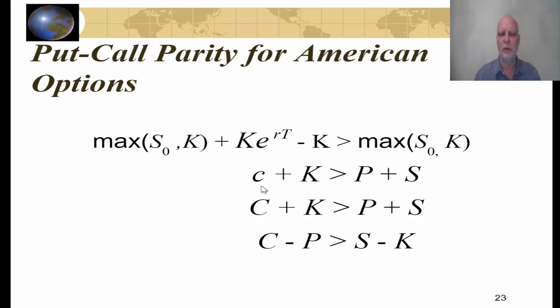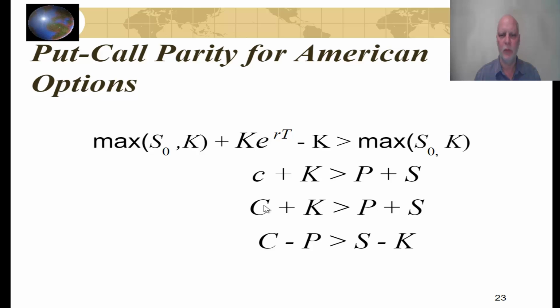We know in the case of non-dividend paying stocks, the European call C equals the American call big C. So we have the value of the American call plus the strike price is going to be greater than the value of the American put plus the stock.